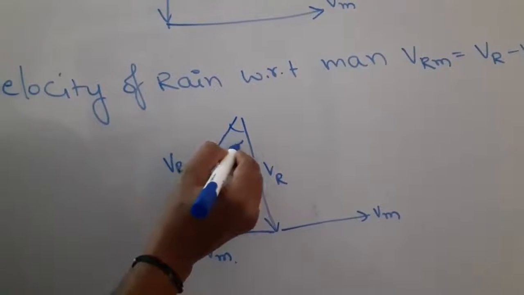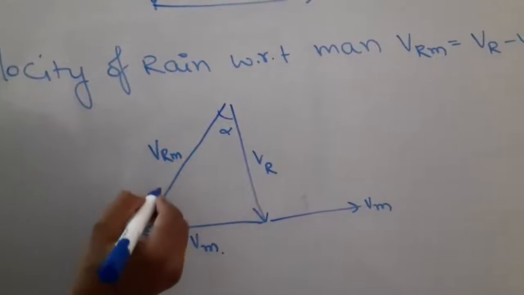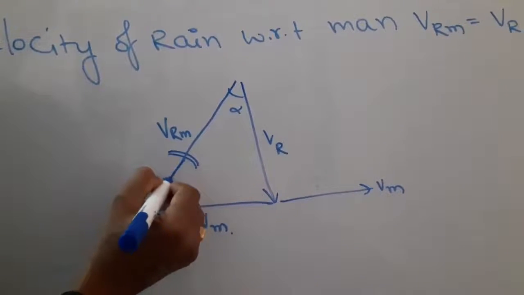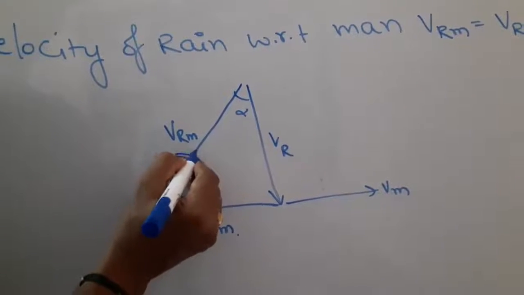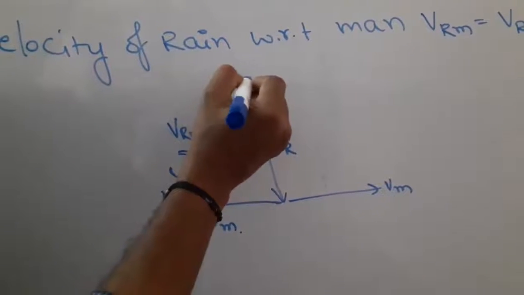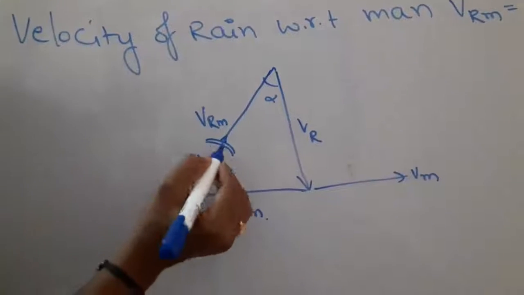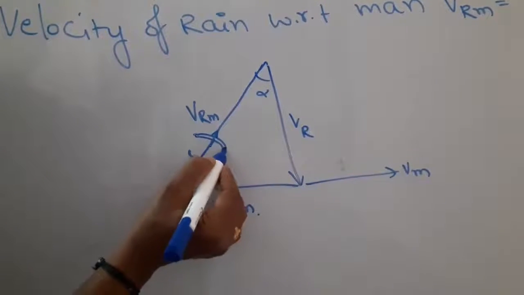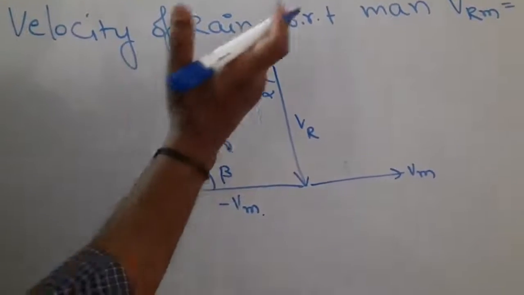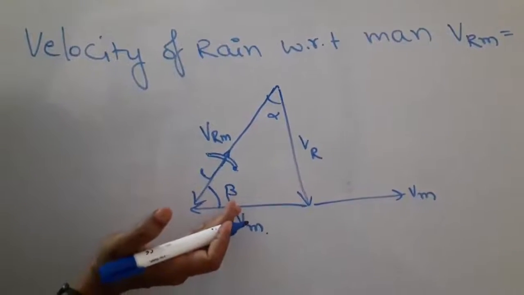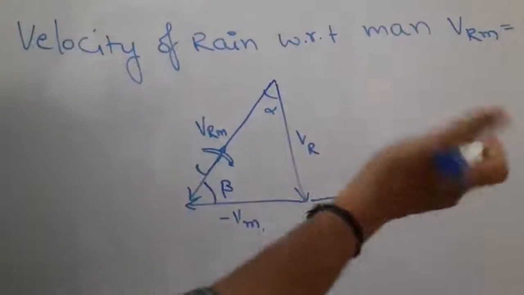So the angle made by the umbrella with vertical is alpha, with horizontal it is beta. A man can hold the umbrella making an angle alpha with vertical, and an angle beta with the horizontal, to avoid getting wet.